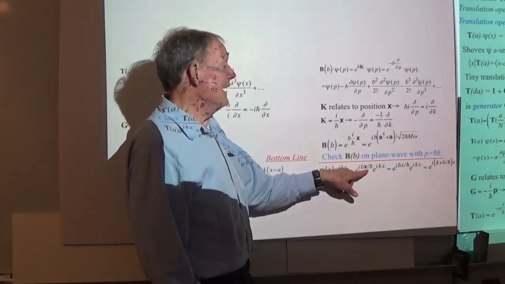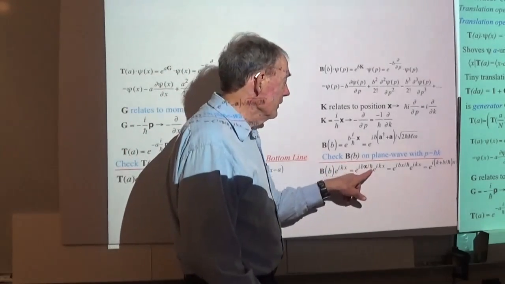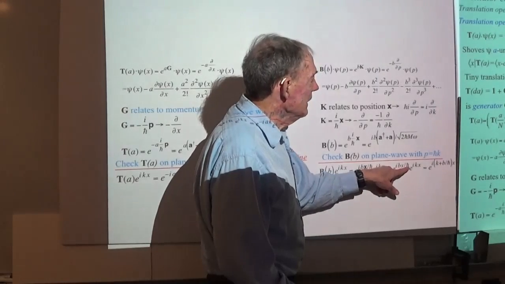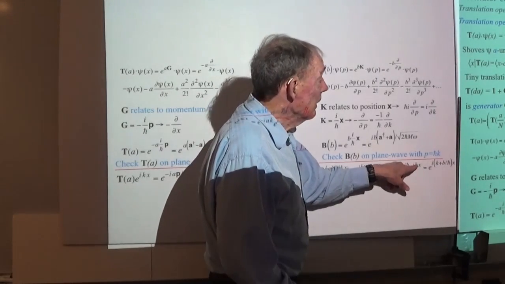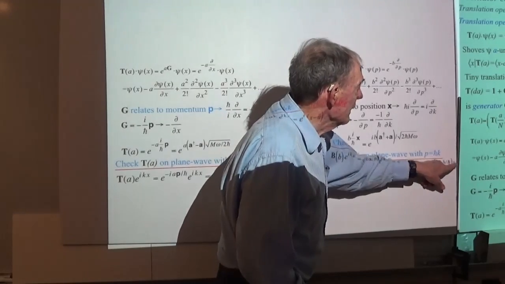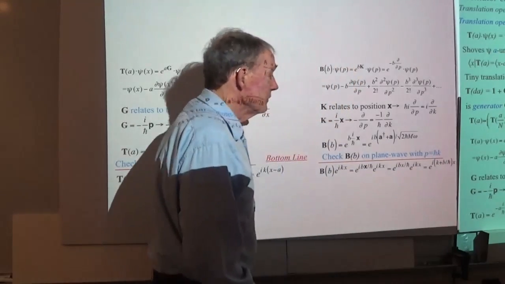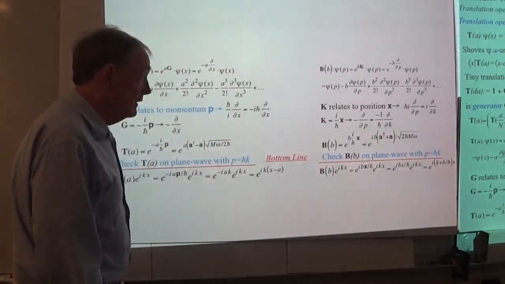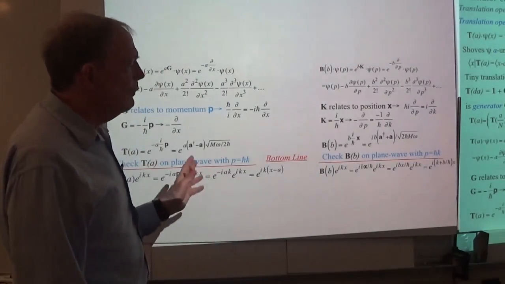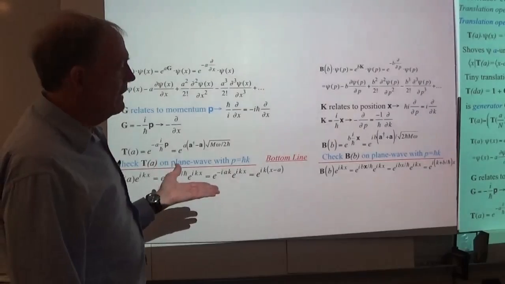This one, I do e to the i b x over h bar now on this. What I get here is k plus b over h bar times x. That is what this one gives us. And let's see if that's right. That's a boost in the k.